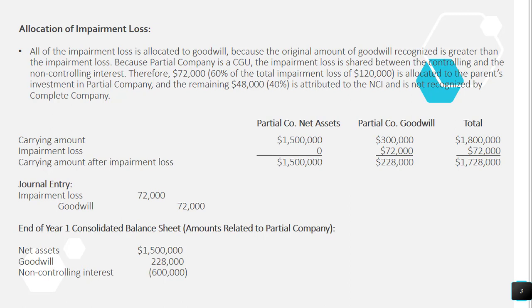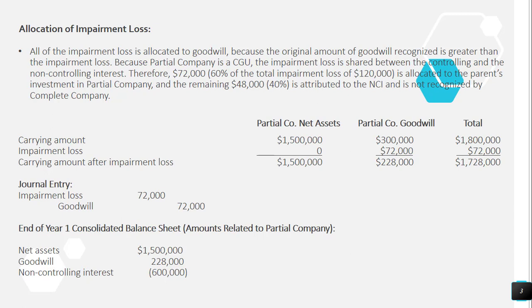That $72,000 represents 60% of the total impairment loss of $120,000. The remaining $48,000 of the impairment loss will be attributed to the non-controlling interest and will not be recognized by Complete Company. So the goodwill carrying amount after the impairment loss will amount to $228,000.